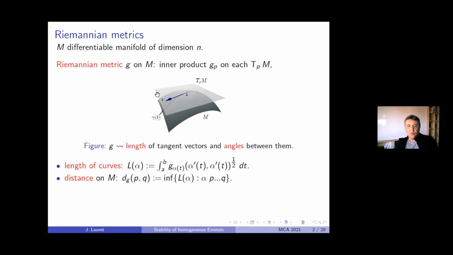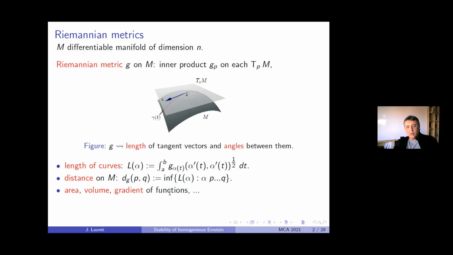So you have a metric space now, defined in a very natural way. But also much more. You also have a notion of area, of volume.